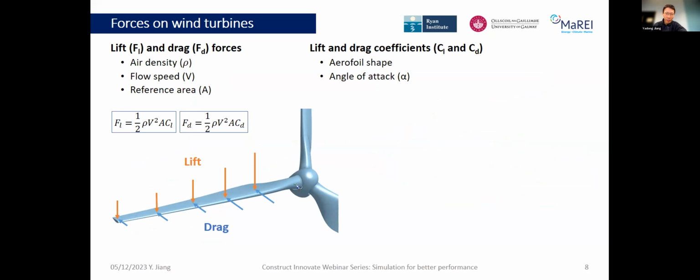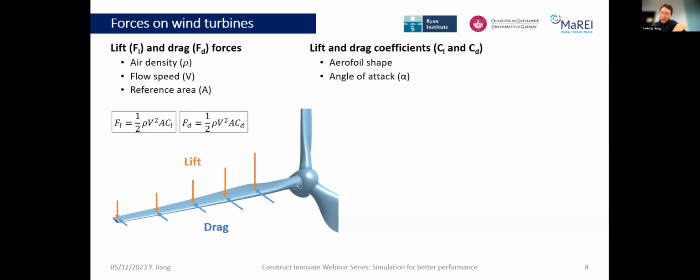You can see that these forces are related to the air density, the flow speed, the section size, and the lift and drag coefficients. So if you increase the flow speed, like the wind speed, or if you increase the lift and drag coefficients, you can get more force, which means more energy can be generated. And the lift and drag coefficients are related to the foil shape and the angle of attack.